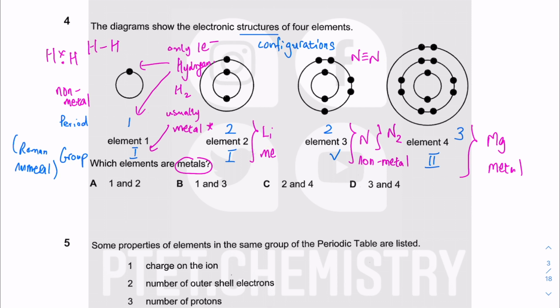Lithium is a metal. So we're looking at element 2 and element, hang on, what am I looking at? Element 2 and 4. Am I correct? Let me see. Oh yeah, element 2 and element 4. Okay, so there is lithium and there is magnesium there.